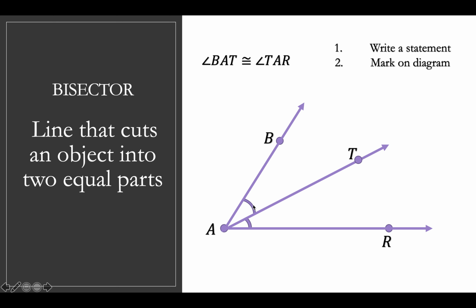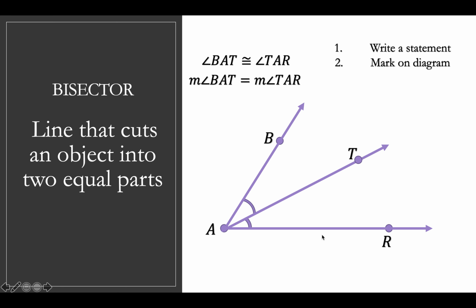Now, like I said, that is an angle measurement. So we would never say that angle BAT is equal to angle TAR, but we might say that the measure of angle BAT is equal to the measure of angle TAR, because the measure of angle BAT is just a number, all right? So let's say that BAT is equal to 32 degrees. This angle measure here is 32 degrees.